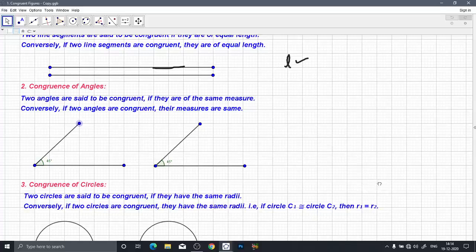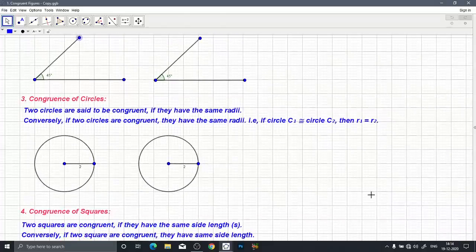Okay. So next, congruence of circles. For any two circles to become congruent to each other, the radius of the circles should be the same.